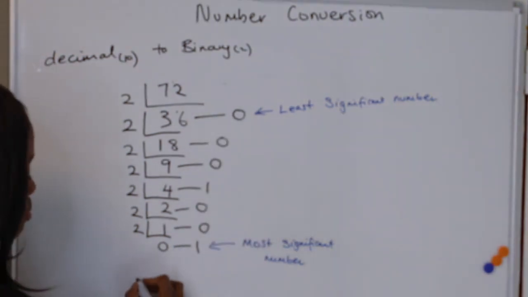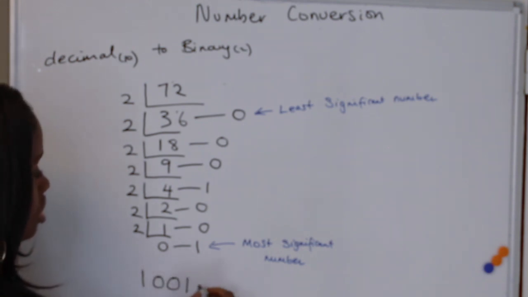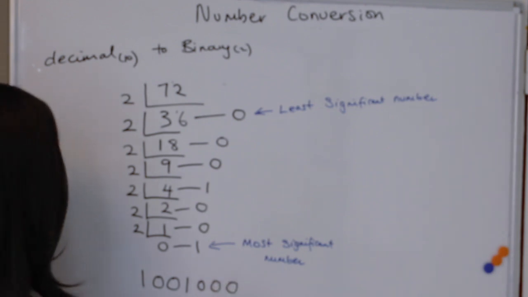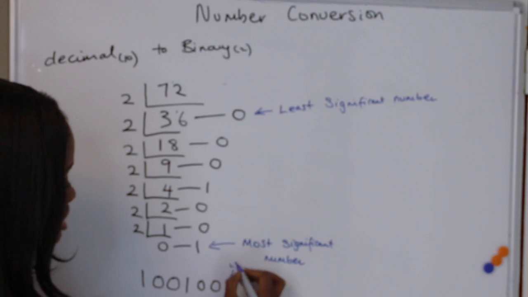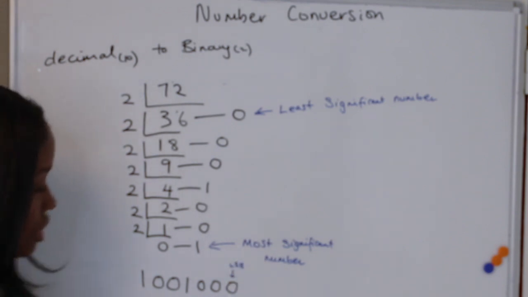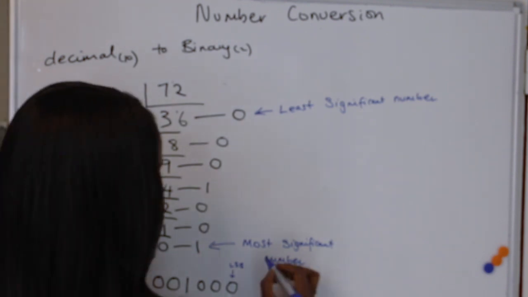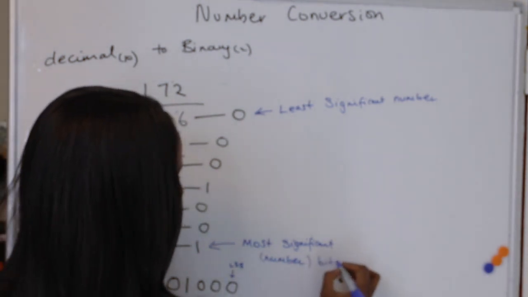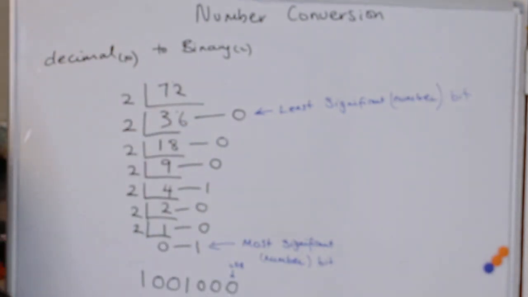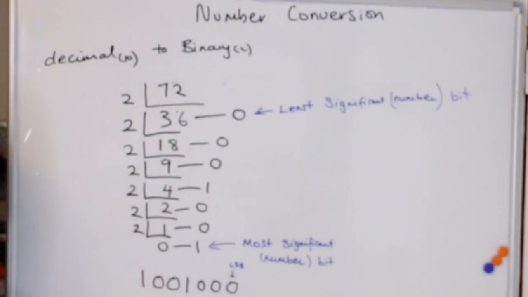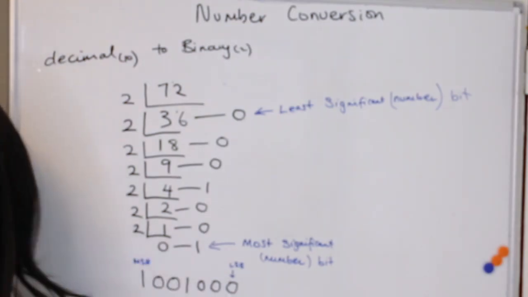So you're going to write 1000. And then to remind yourself, this is the least significant number. And when I say number, I mean bit, okay? And this is the most significant bit.